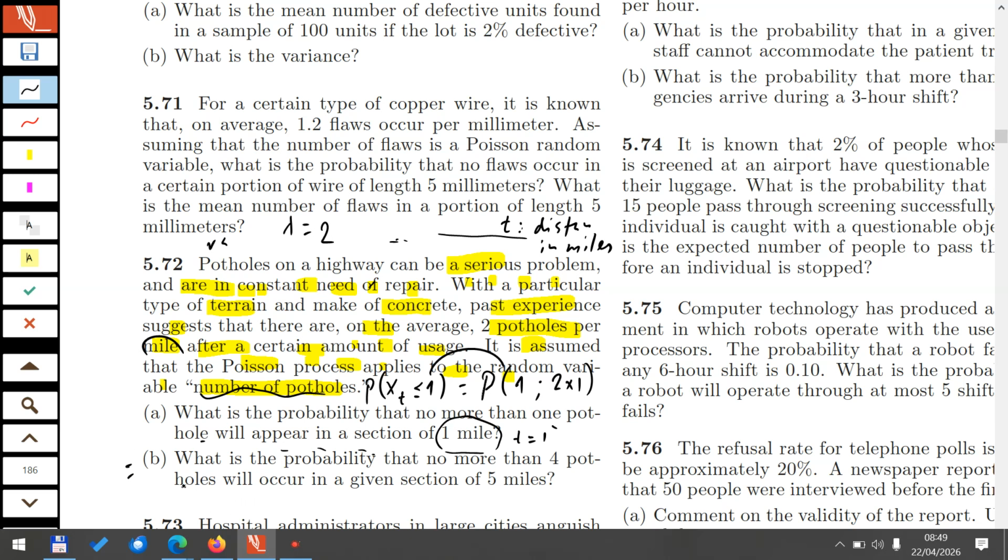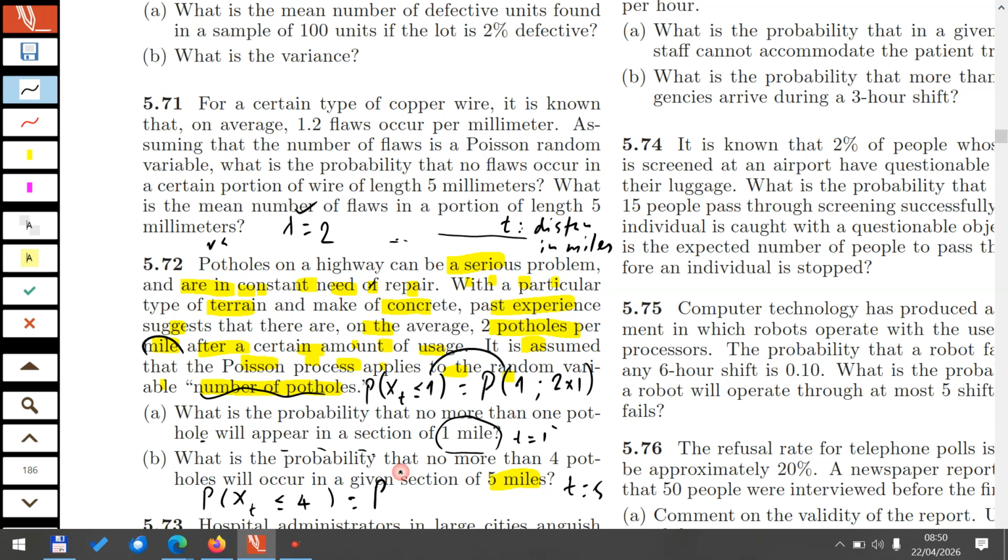How about part B? What is the probability that no more than 4 potholes will occur in a given section of 5 miles? Here the value of t is 5, right? That's the advantage of using lambda, because you can deal with any number of miles here. So it will be P that x of t is less than or equal to 4, right?